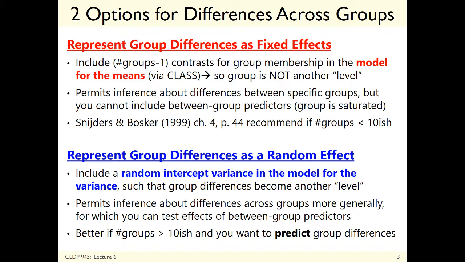If you want to make specific inferences about these things, giving each country its own fixed effect via a dummy code allows you to do that. But if you want to know if countries who have more egalitarian attitudes differ from countries that don't, then that's a country level predictor that would then explain why the random effect for country is there.